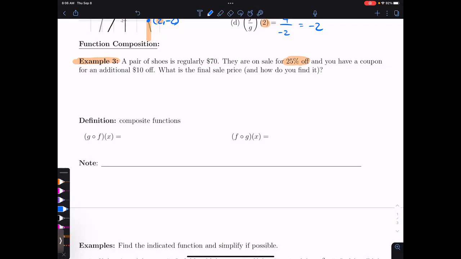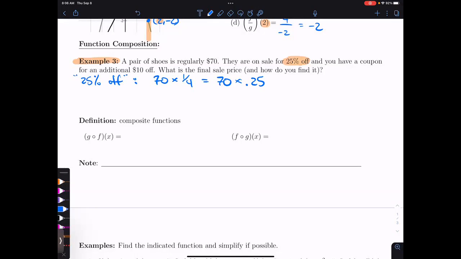Emily, you did the discount part: $70 regular price, on sale for 25% off. Okay, let's figure that part out first. $70 times 1/4, or 70 times, how else can I write 25%? 0.25, yeah, or 25 over 100, right?